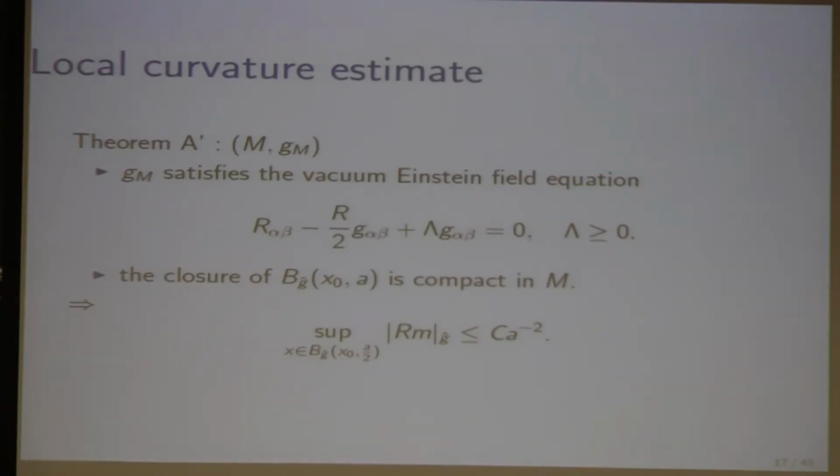So combining with the previous theorem, because I proved that (M, Gm) is complete if and only if (M, G hat) is geodesically complete, if we assume that this holds on a geodesically complete manifold, then I can take A going to infinity, and this will tend to 0.